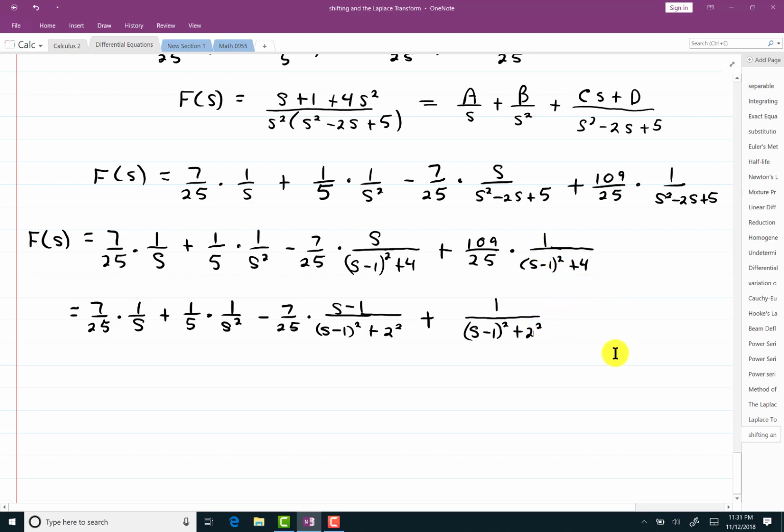And then the last part, I'll have plus 109 over 25 times 1 over s minus 1 squared plus 2 squared. Now, when I actually subtracted 1 here, because of the negative that was in front, I actually added. So let me make this a subtraction. And when I did that, there was a 7 over 25 out front, so I'll put it over here as well.